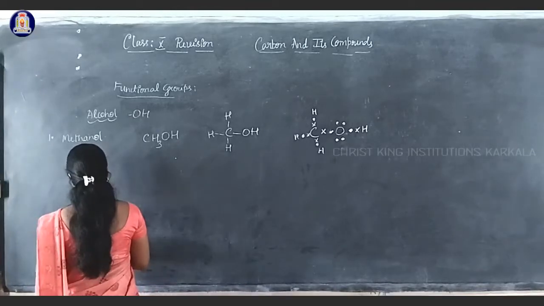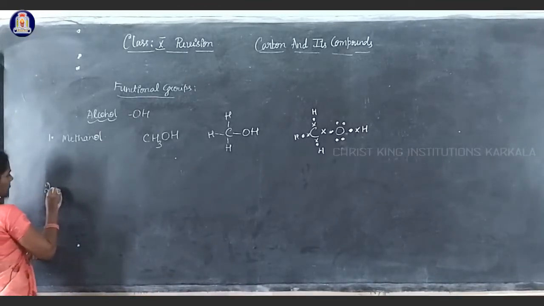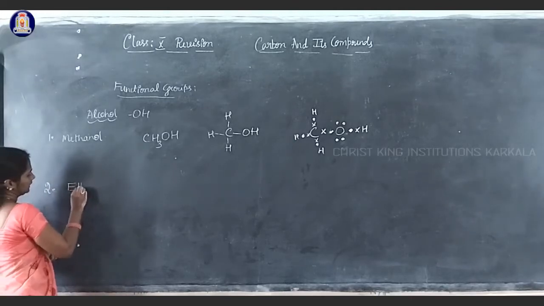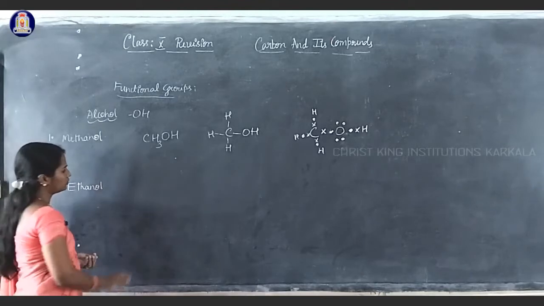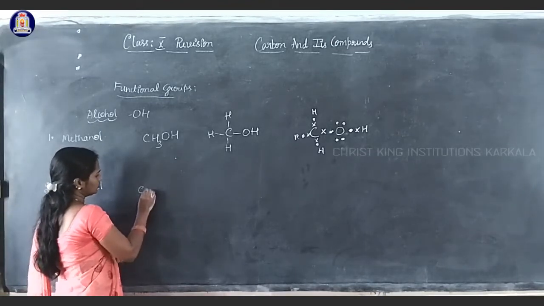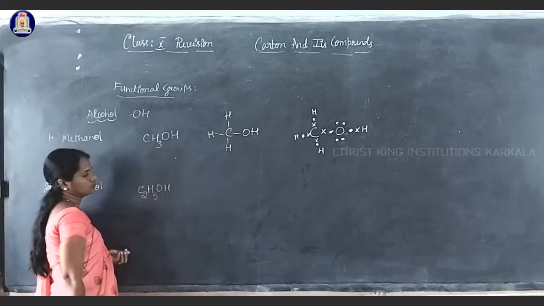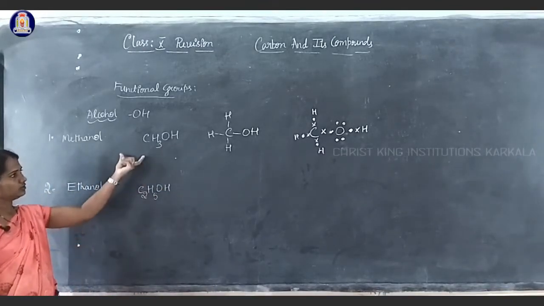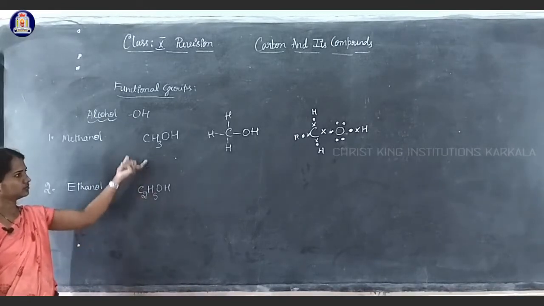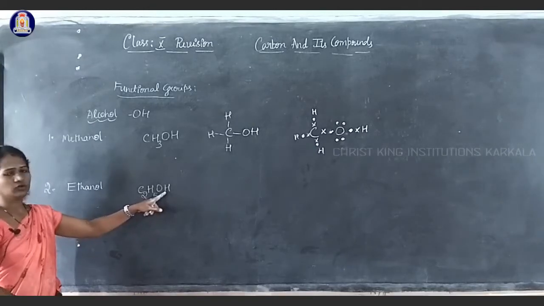Next, go to the second compound, ethanol. Ethanol formula is C2H5OH. So in general you can see the formula CH3OH, C2H5OH.